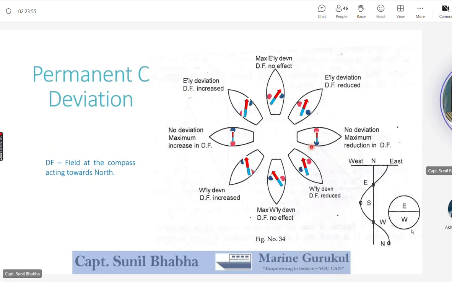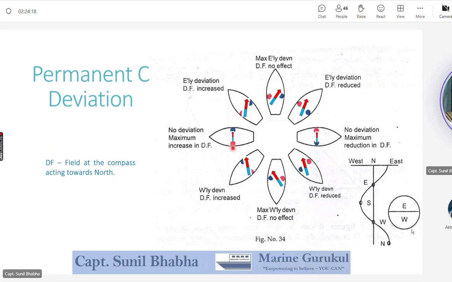Now, take your attention to the ship heading in the westerly direction. In the westerly direction, the situation is more or less the same. The poles are exactly north or south of the compass needle. The only difference in this case is that the blue pole is north of the compass needle now, and the red pole is south of the compass needle now.